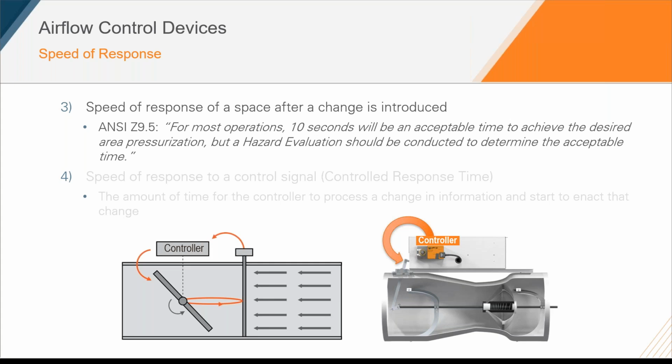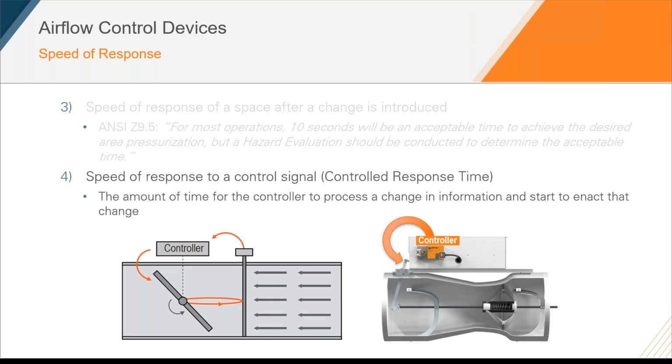What we're really talking about here is that when we're working in these critical space applications, we want to ensure that we can maintain the overall pressurization within 10 seconds after a change is introduced. So if a fume hood is opened or a door is opened or closed, can we still maintain the required pressurization that requires containment within 10 seconds?